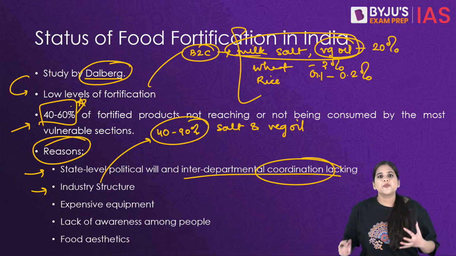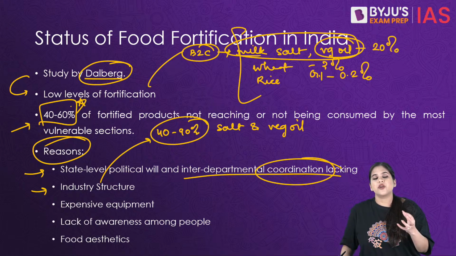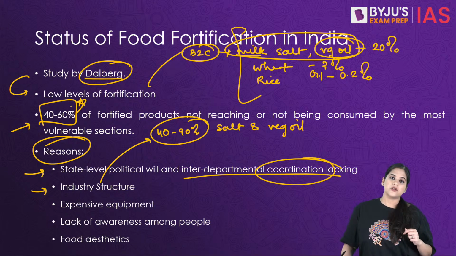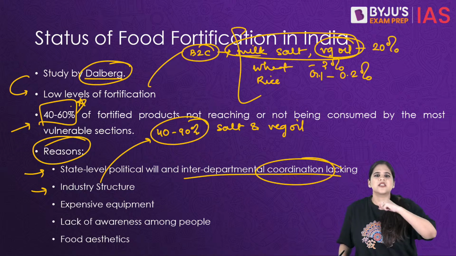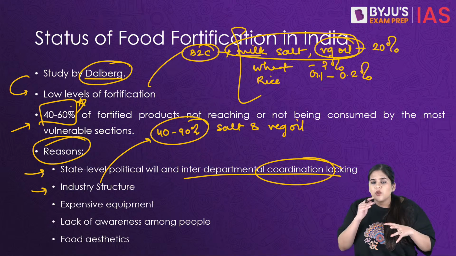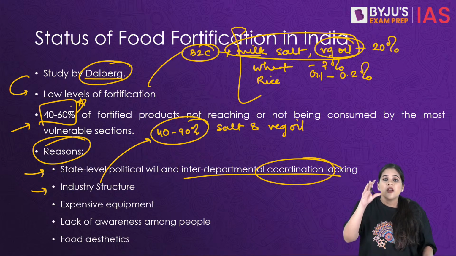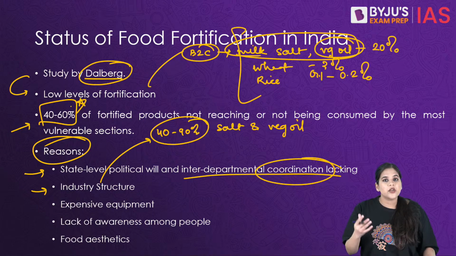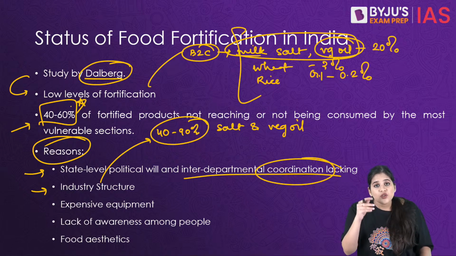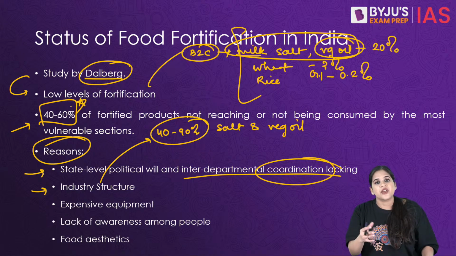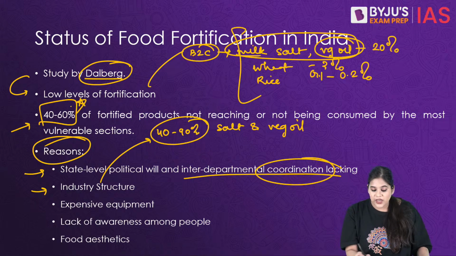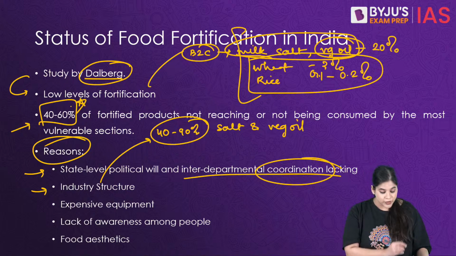In the other 3 products, for which the fortification started only after 2000s, very small players are included. Now it is not very easy to disperse information regarding fortification standards and new technologies, new equipments amongst these small players. So that is why the levels of fortification are low, especially in the new items.